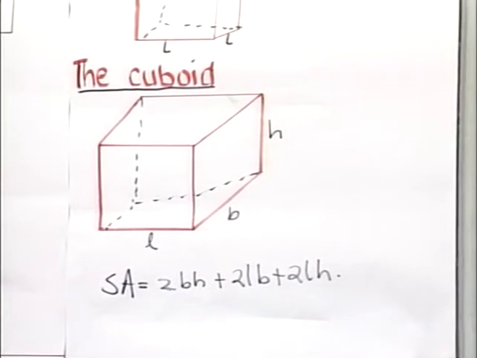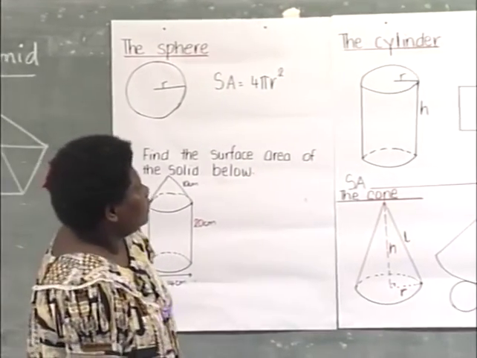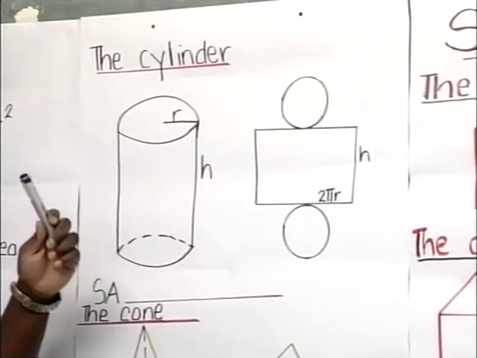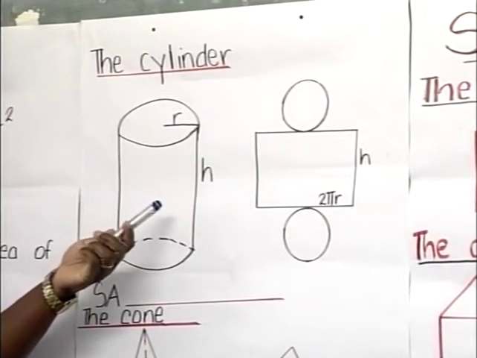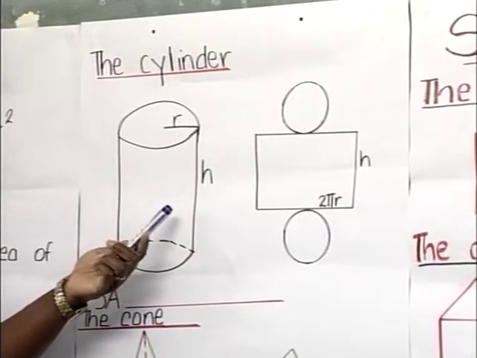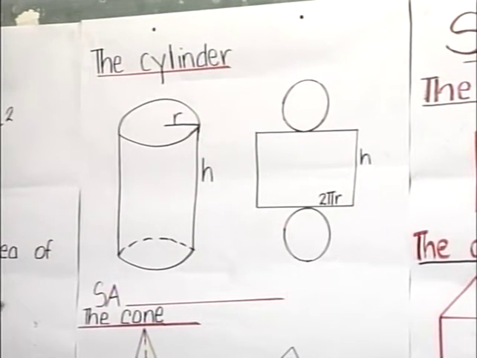Okay, next one, we go to the cylinder. The cylinder, you all know what a cylinder looks like, the famous tin of fish that you eat, that is contained in a can, which is a cylinder.